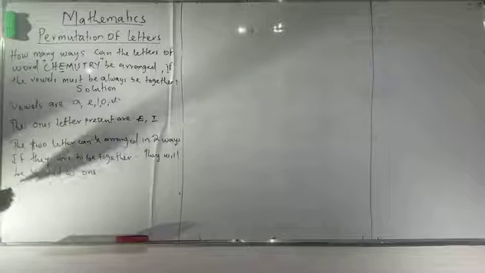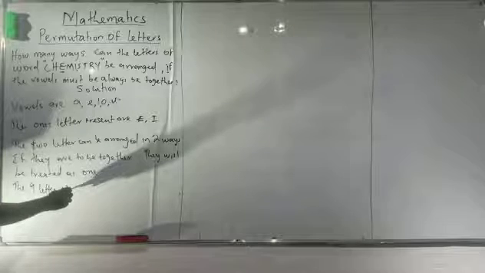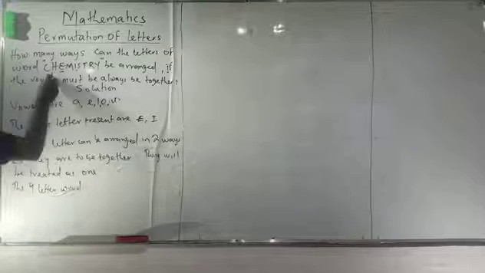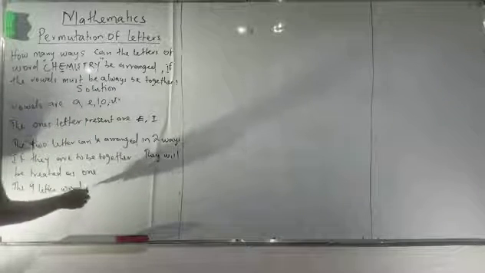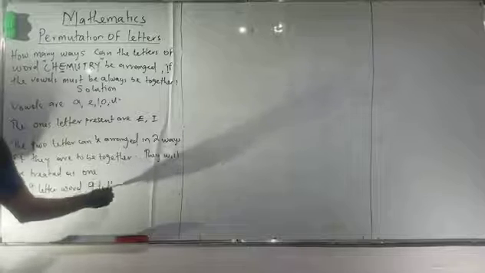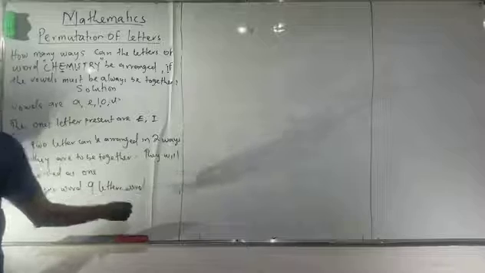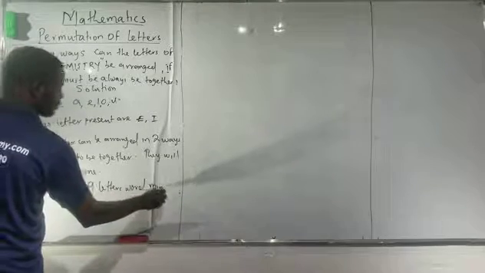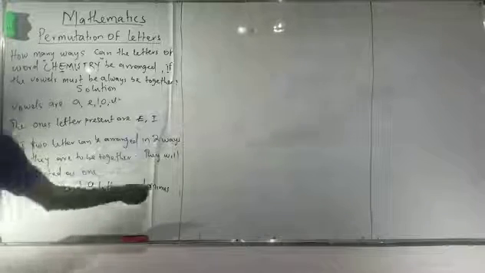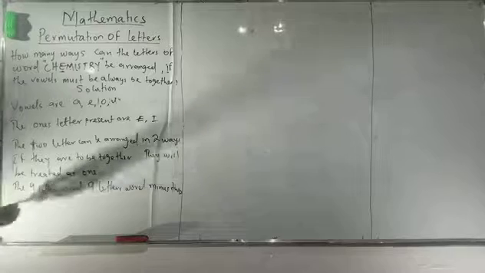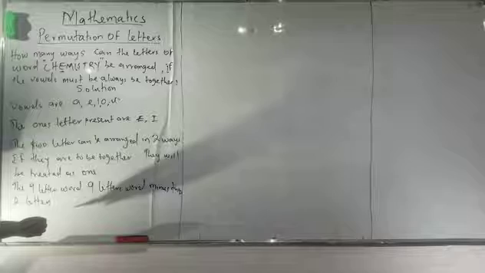Now, the 9 letters: one, two, three, 4, 5, 6, 7, 8, 9. That is 9 letters. The 9 letters of the word minus the 2 letters, or 2 vowels.